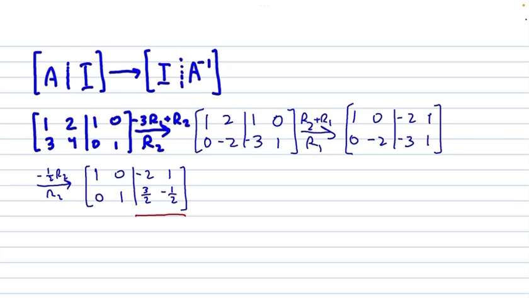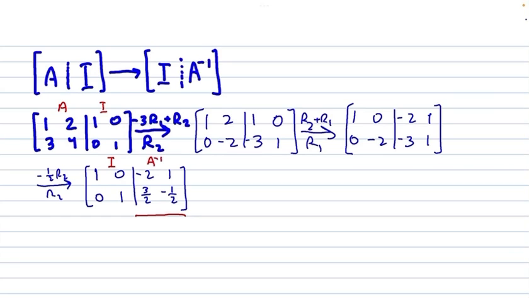So now I'll show you here. This is A. This is the identity matrix. And through all of our row operations, we turn this into the inverse.